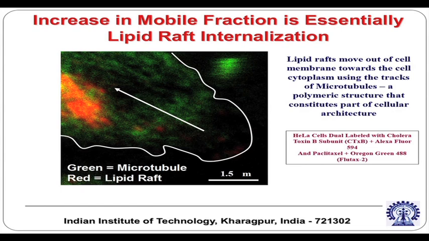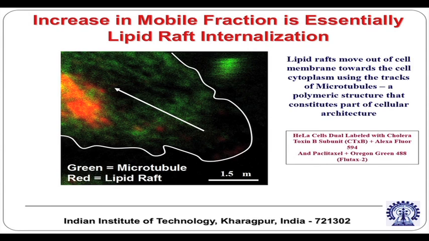You tag the cell membrane with fluorescent dyes, and then you photobleach a part of the cell membrane, and after photobleaching the fluorescent dye molecules will diffuse from the surrounding region because of the concentration gradient. The faster the fluorescence recovery after photobleaching, the higher the diffusion coefficient and the higher the membrane fluidity.